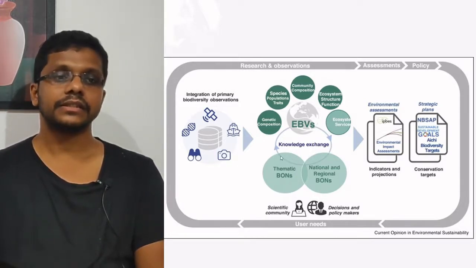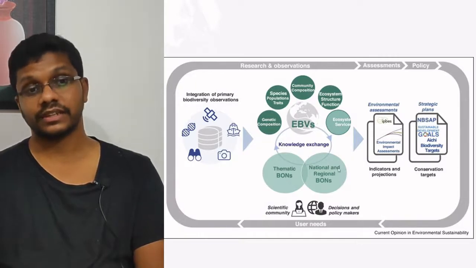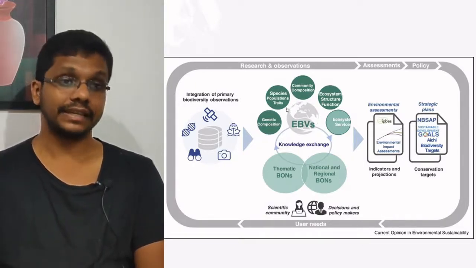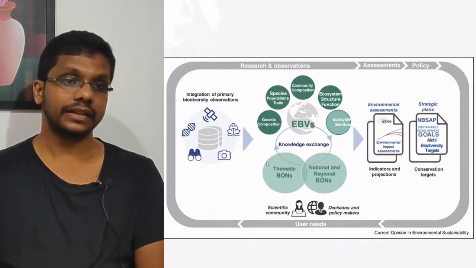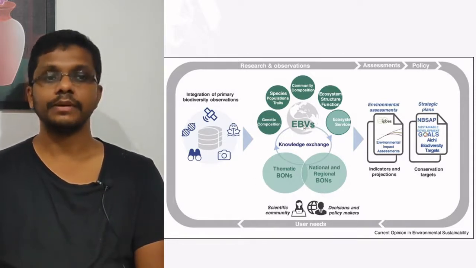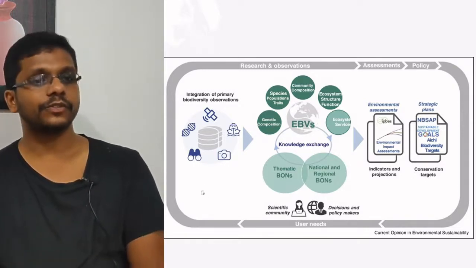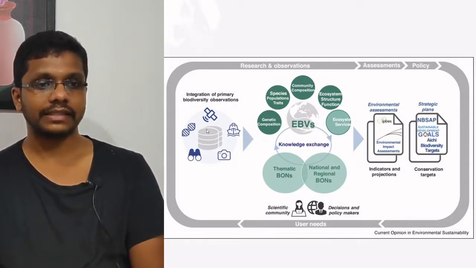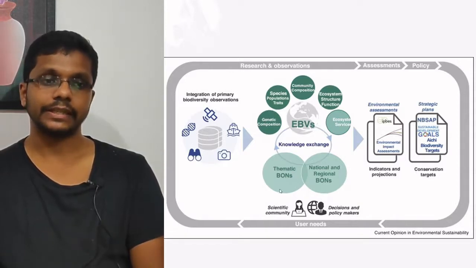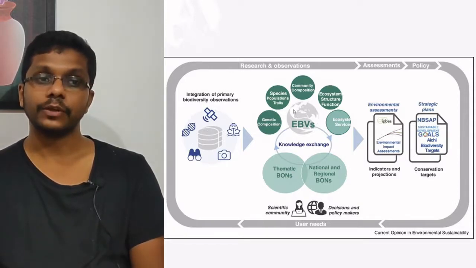Then national and regional BONs are there, the national level biodiversity observation networks. They will exchange data constantly to generate EBVs, essential biodiversity variables. So from different sources, from primary data collection and biodiversity observation networks, we will get an idea about the biodiversity, essential biodiversity variables.